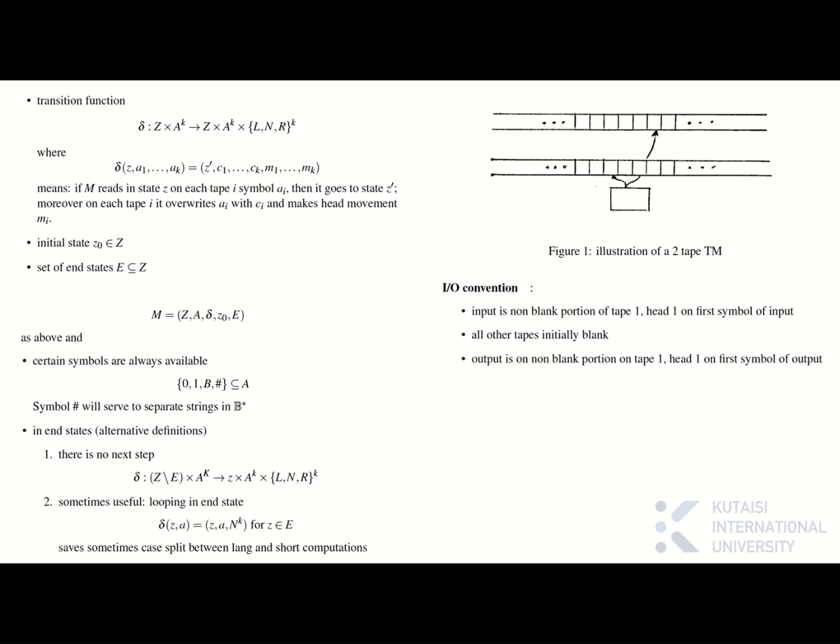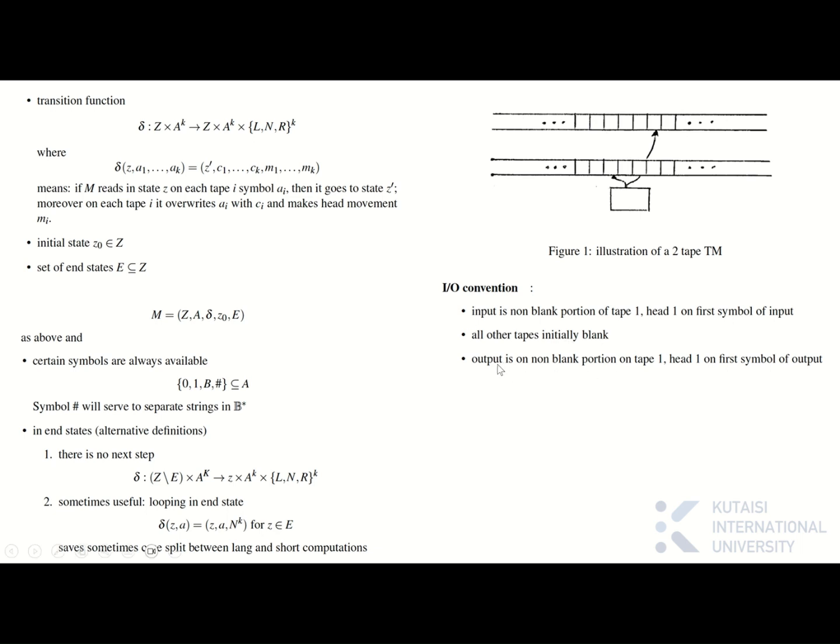Initially every tape is blank. There's nothing written on them other than maybe B's, which I don't care about. But let's say they're all blank without even B's. And then I have input on tape 1, and my head 1 is at the first position of tape 1. So this would be my convention.